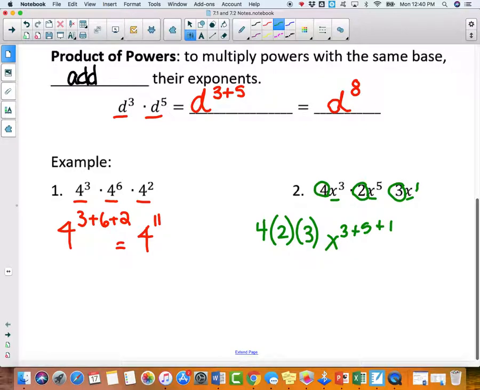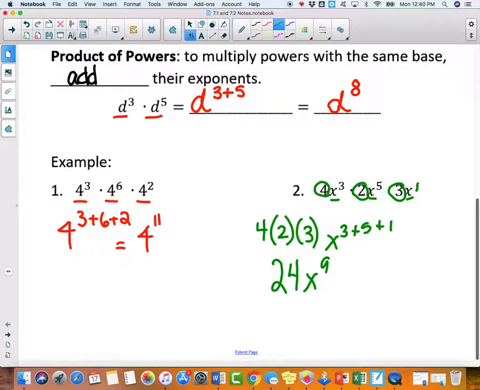Remember, when there's no exponent there, that's still to the power of 1. So 4 times 2 is 8, times 3 is 24. 3 plus 5 plus 1 is 9, so x to the 9th.